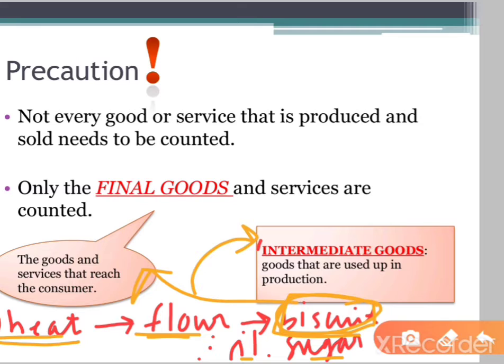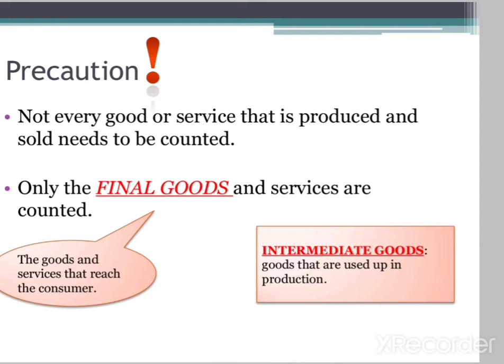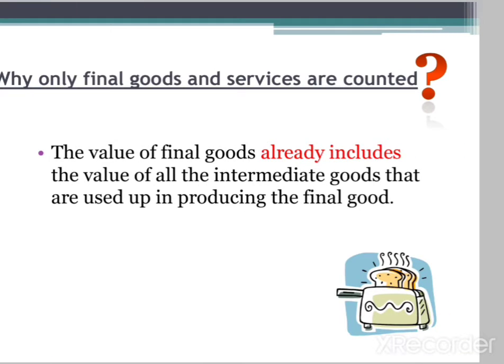Now your question can be, why do we only add the value of final goods and services? Though we used oil, sugar as well as wheat to produce biscuit, we calculated or added only the value of biscuit that is being produced. Why? The reason is that the value of final goods already includes the value of all the intermediate goods that are used up in producing the final good.